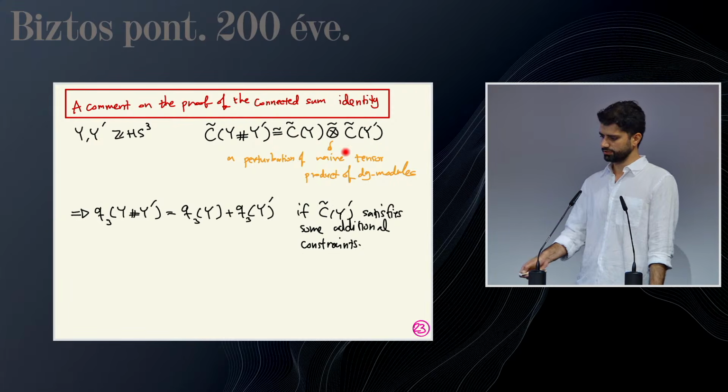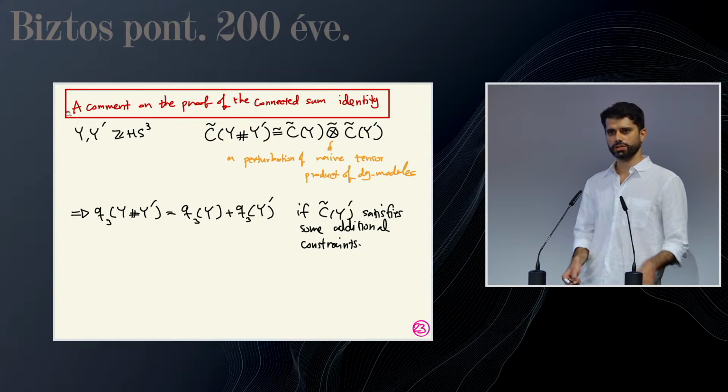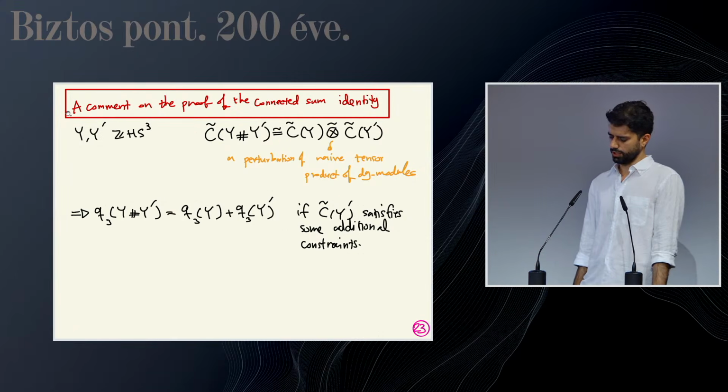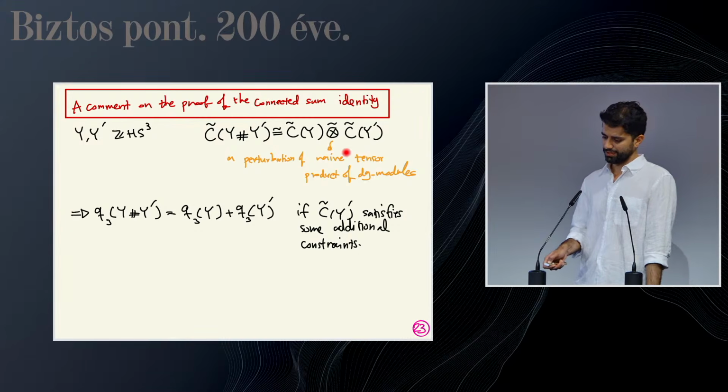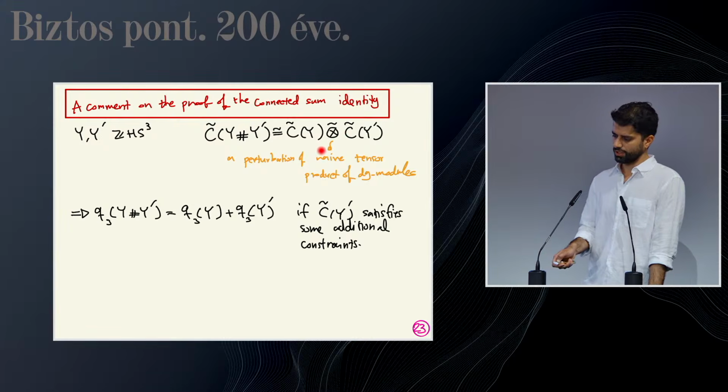So these additional terms, the perturbations, come from that kind of contribution, which complicates things. In any case, you have a connected sum theorem. It's not the naive one, but there is still something you can try to use to study the behavior of Q3 with respect to connected sum.